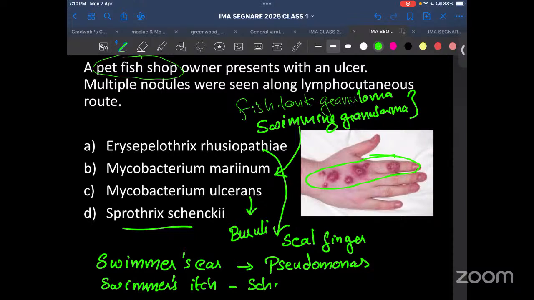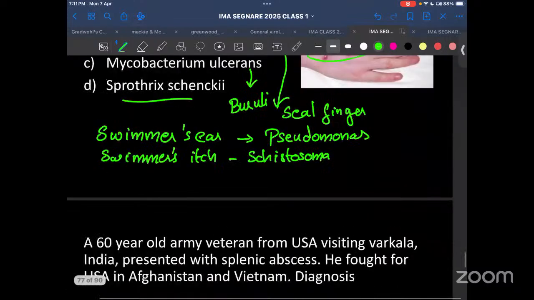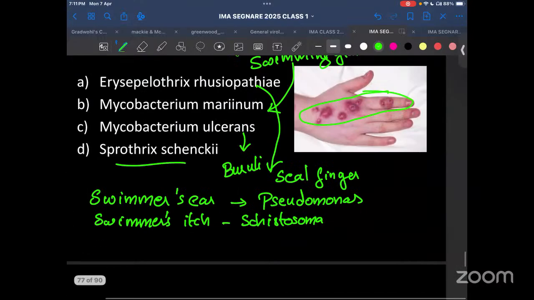The cercaria larva of schistosoma penetrates through the skin, and at the site of penetration there will be itching. Then there is swimming pool keratitis, caused by acanthamoeba. These are some of the terms we came across when discussing this question.